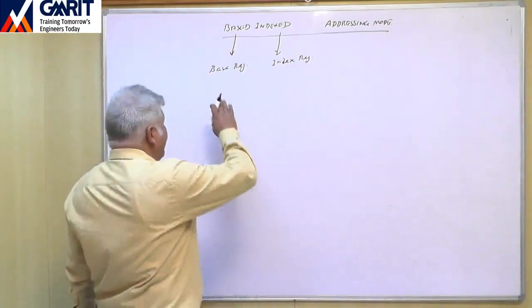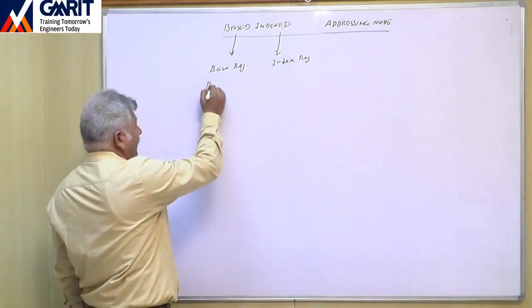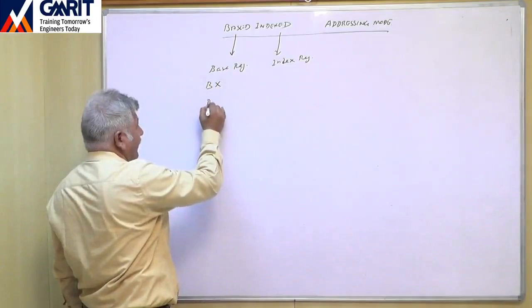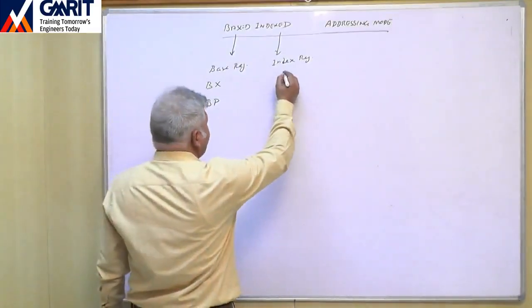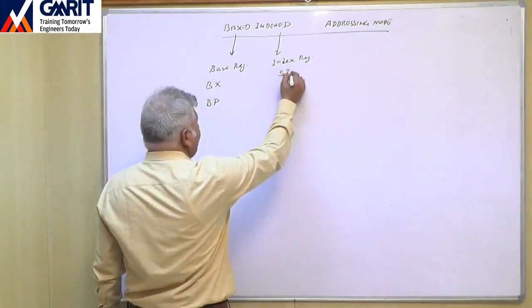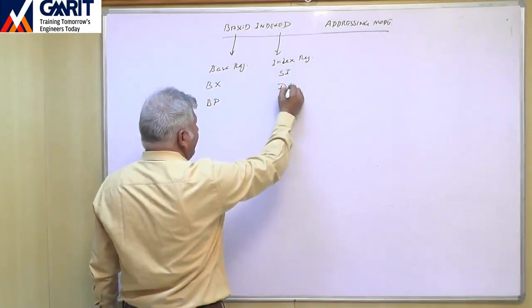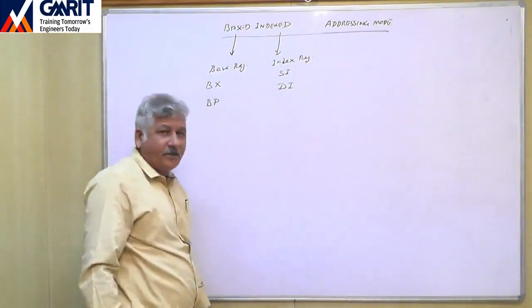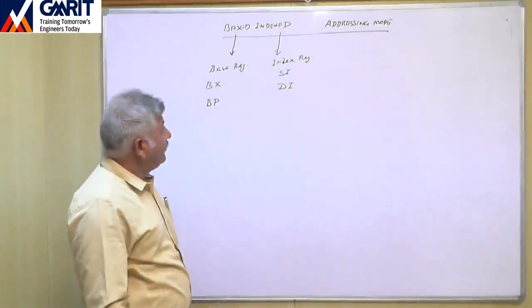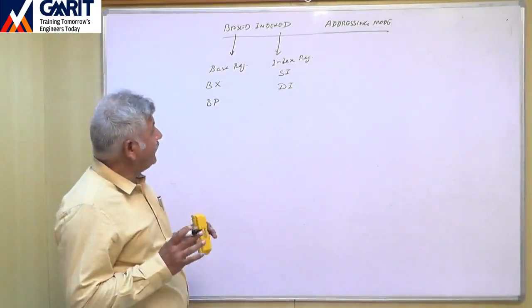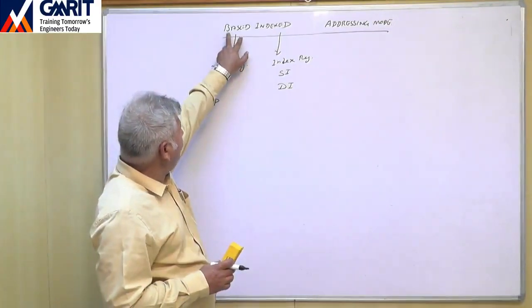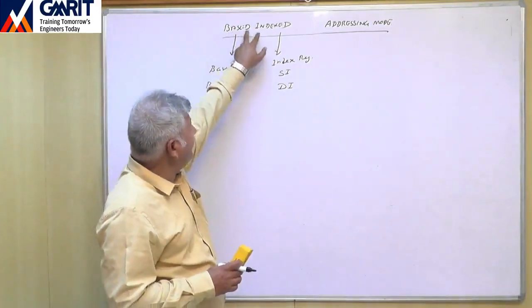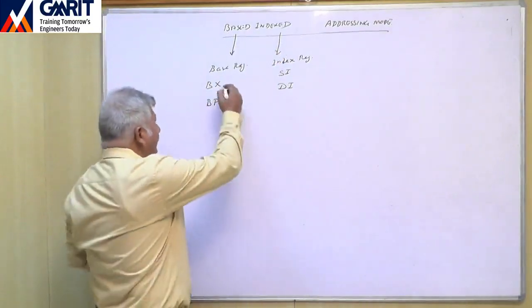We know that there are 2 base registers, BX and BP, and there are 2 index registers, SI, the source index register, and DI, the destination index register. The offset address will be calculated using a combination of one base register and one index register. So what can the combinations be?